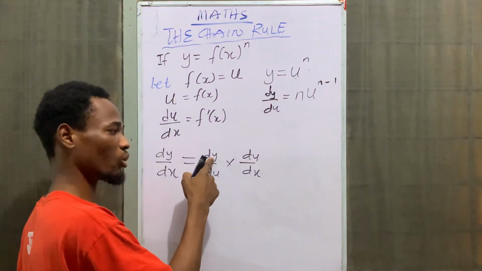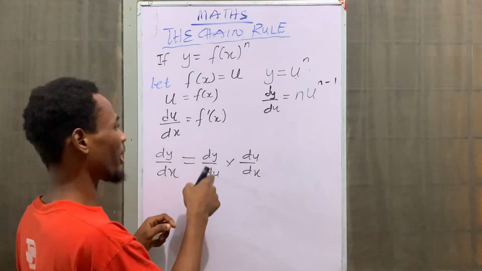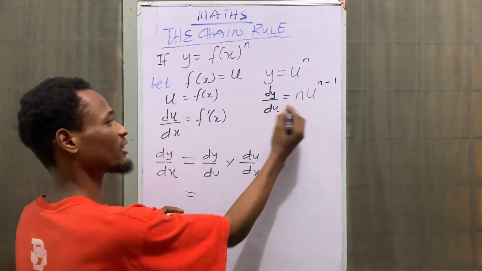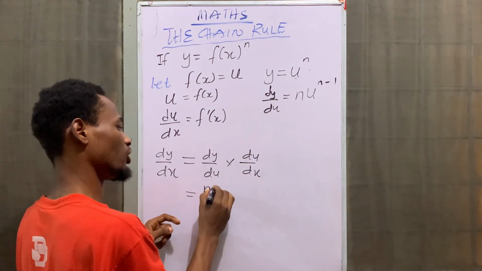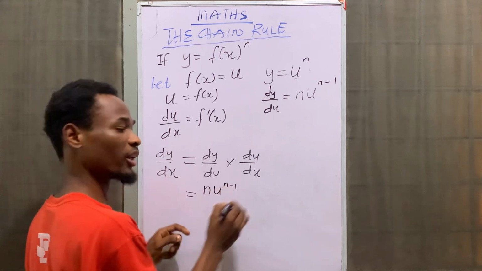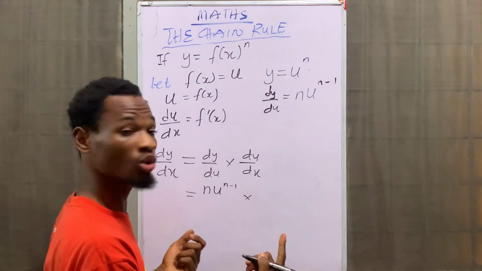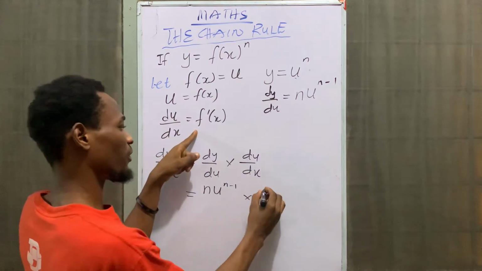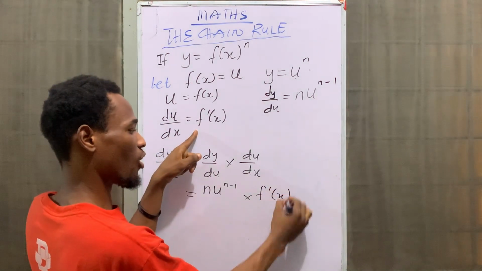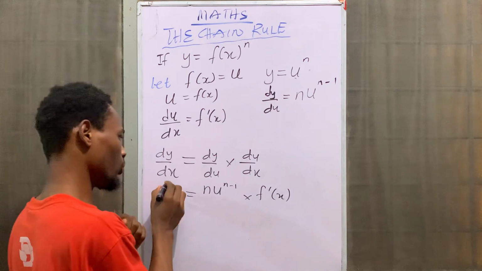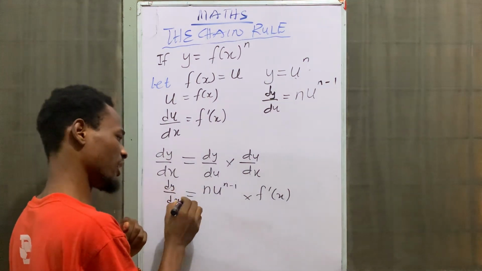My dy/du over here is n u to the power n minus 1 multiplying du/dx. And what is my du/dx? It's f prime of x, which gives my dy/dx.